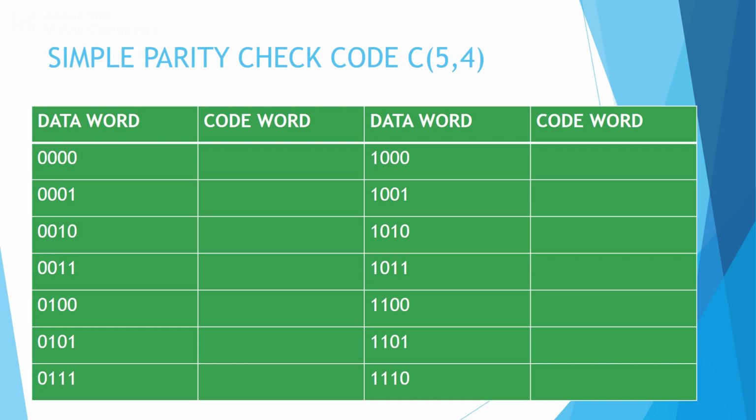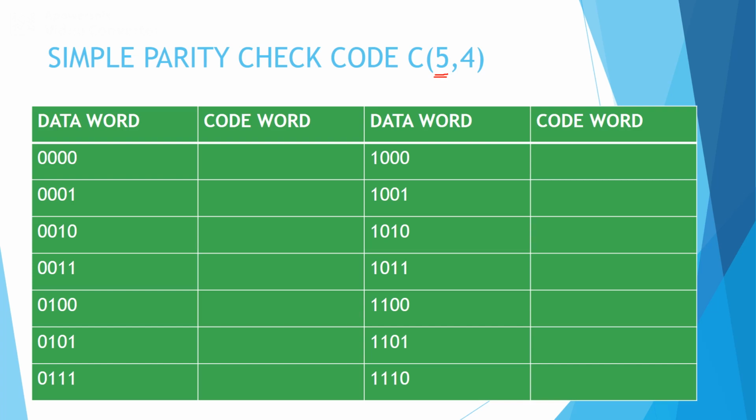So now we have one table. Here we have the simple parity check code (5, 4). The data word size is 4 bits and the code word size is plus 1 bit, that is 5 bits.